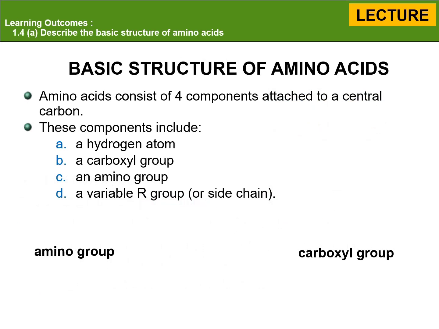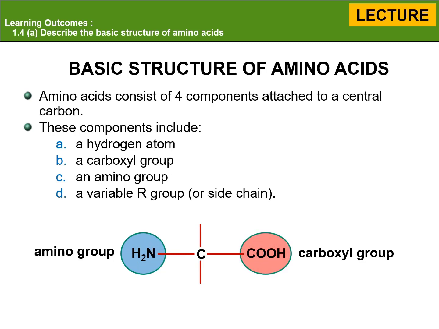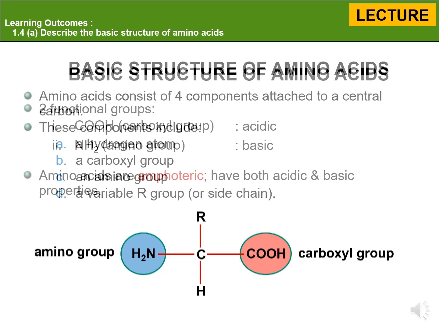Basic structure of amino acids. Amino acids consist of 4 components attached to a central carbon. These components include an amino group, a carboxyl group, a hydrogen atom, and a variable R group or side chain.